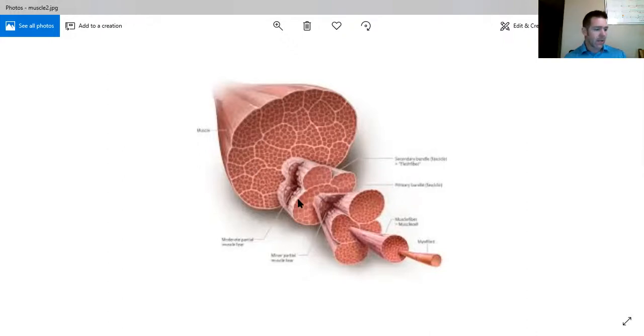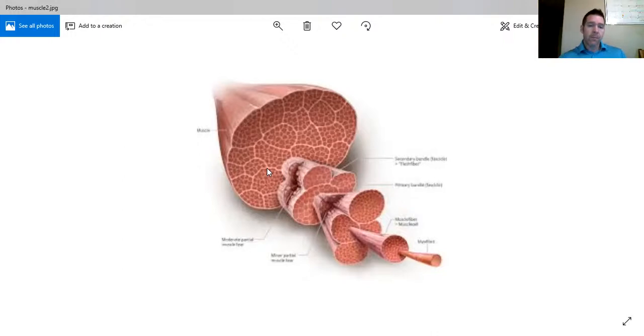So now why are there a bunch of fibers like this versus one big muscle all by itself? The reason that we have that is modulation. So we don't just use the muscle as a whole unit all the time. Our bodies are broken down into these smaller units because of the reason for modulation and for precision tasks.